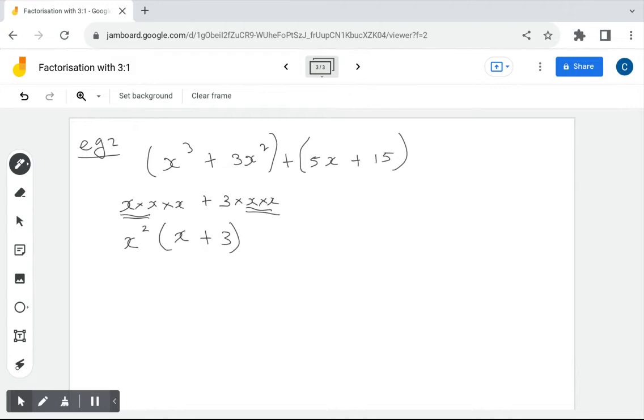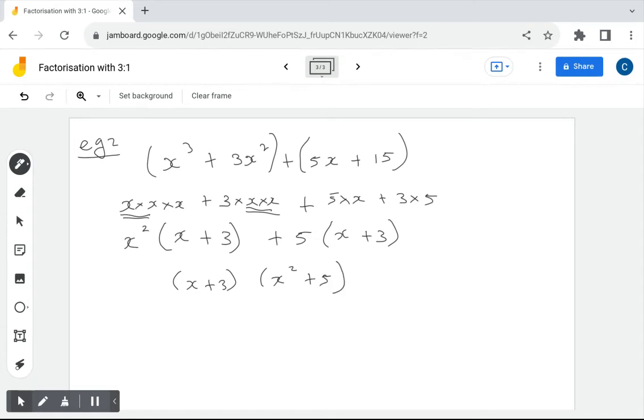And then the next 2 terms, which is a little easier: we'll see 5 multiplied by x plus 5 multiplied by 3. 5 is the common factor. So we put 5 on the outside, and in brackets we put x plus 3. Now we notice that x plus 3 is common, so we write x plus 3, and in the next brackets we write the terms that are outside, which is x squared plus 5.